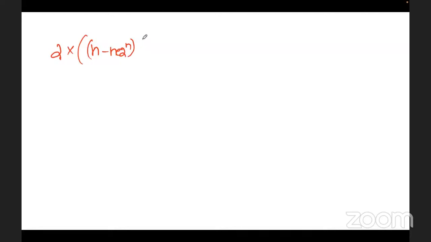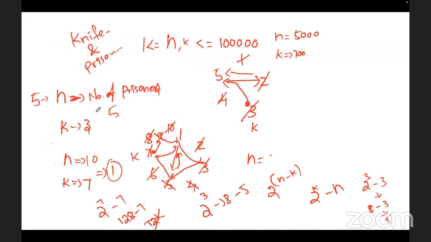From this you have to take divided by 2 and plus 1. So this is what your friend gave us. Let's check it for any other question. I gave you an answer for 10 and 7, and 5 and 3. Okay, so let's check for 5 and 3.